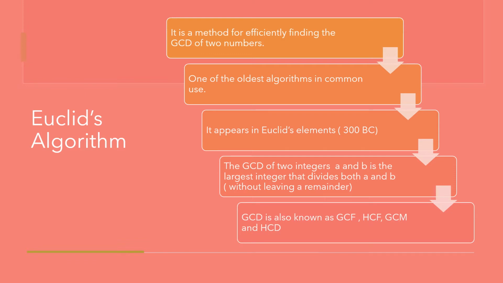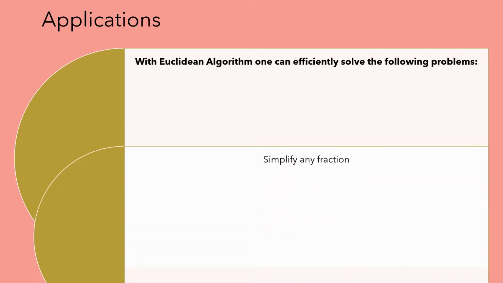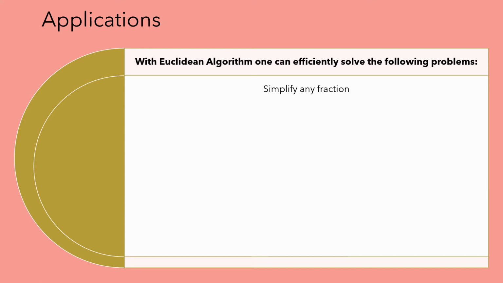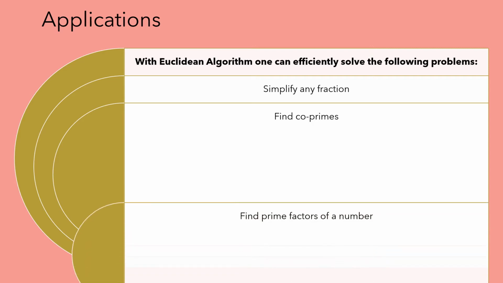This GCD, the greatest common divisor, is also known as the greatest common factor GCF, highest common factor HCF, highest common divisor HCD, and GCM. There are various applications of this Euclidean algorithm. It can be effectively used to solve the following problems: simplifying fractions and finding coprimes.